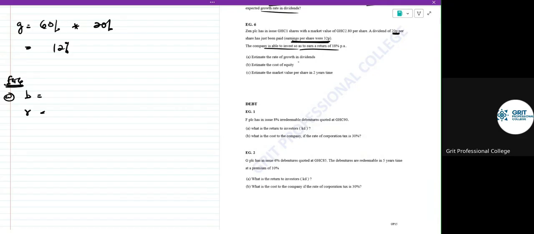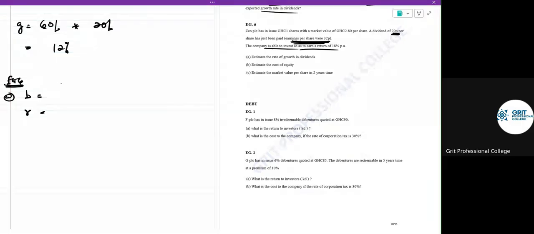Now, in this question, we have to look at it with a close eye. If I am making an earnings per share of 32 pesos, and out of it, I am paying a dividend of 20 pesos, then it means that the remaining, I believe, 12 pesos per share is what I'm retaining. Okay?